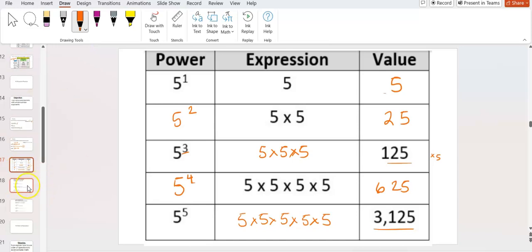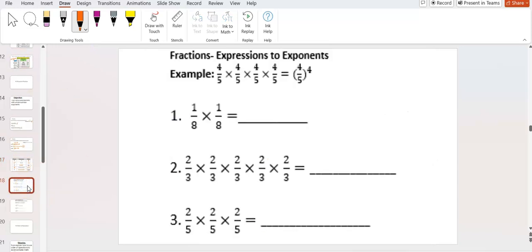Okay, moving right along. In this next problem, we are looking at fractions. We're only going to deal with whole number exponents, but our base could be a fraction or a decimal. Whether it's a fraction or a decimal, you are still just repetitively multiplying.